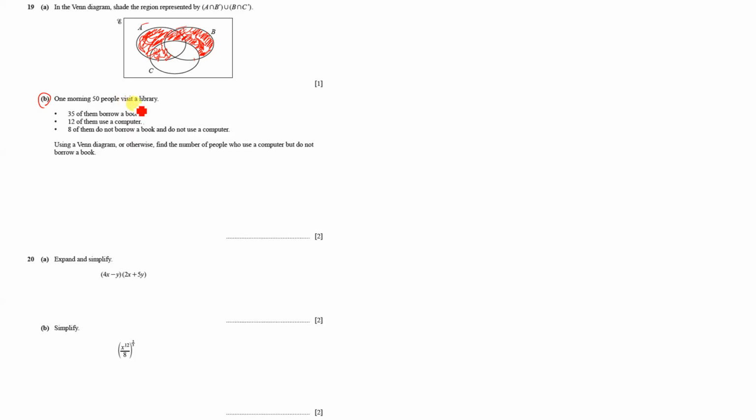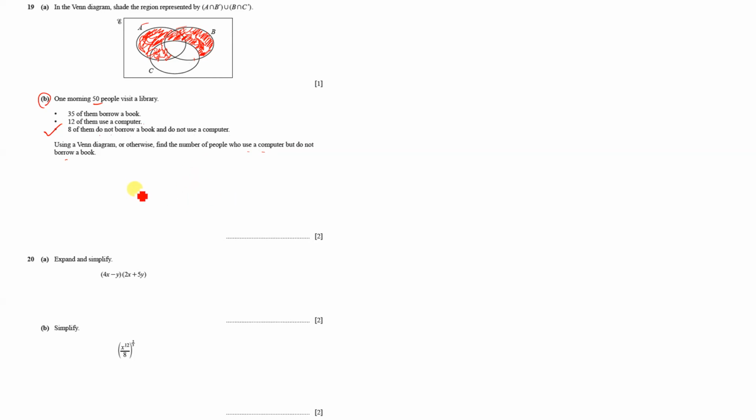Part B. One morning, 50 people visit a library. 35 of them borrow a book. 12 of them use a computer. 8 of them do not borrow a book and do not use a computer. Use Venn diagram or otherwise find the number of people who use computer but do not borrow a book. So first of all, we have 8 out of 50 people who do not borrow a book and do not use a computer.